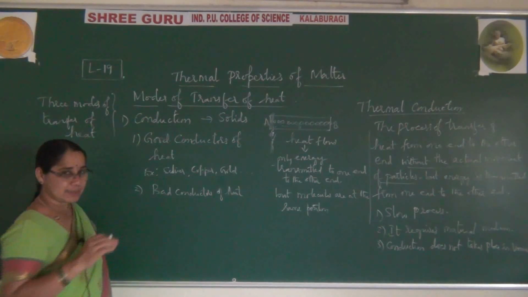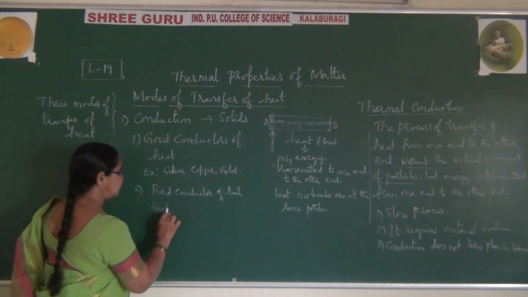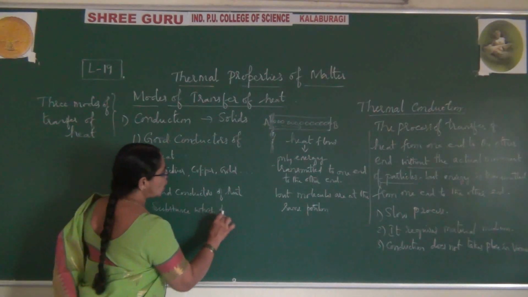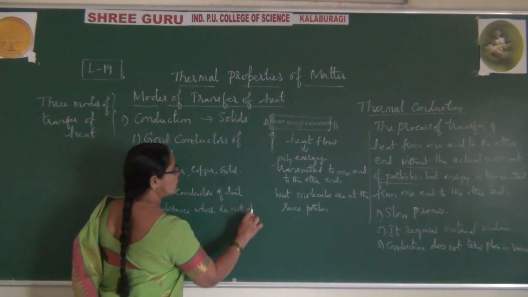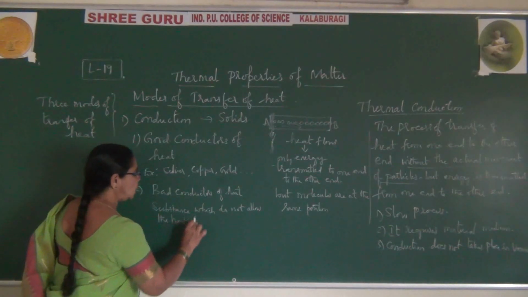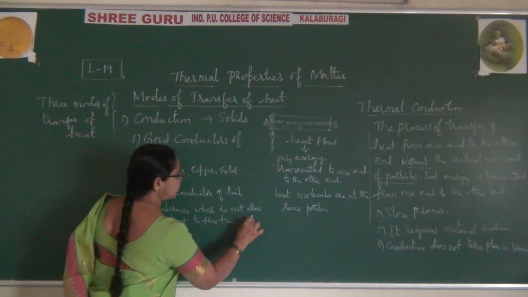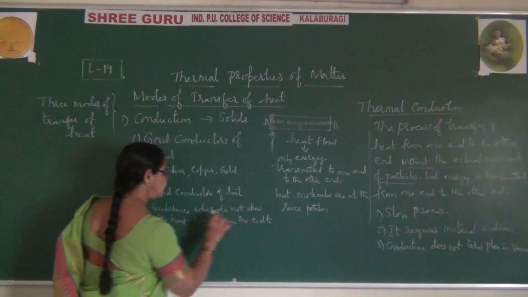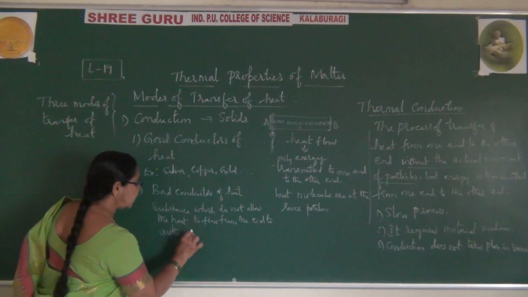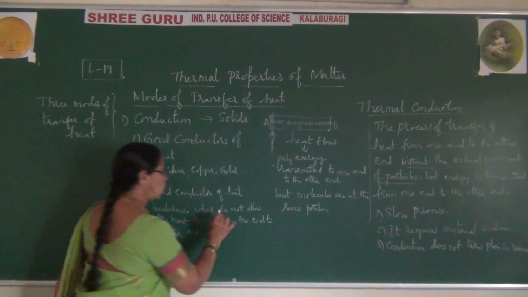Here we say the substances which do not allow the heat to flow from one end to another end are called bad conductors of heat.